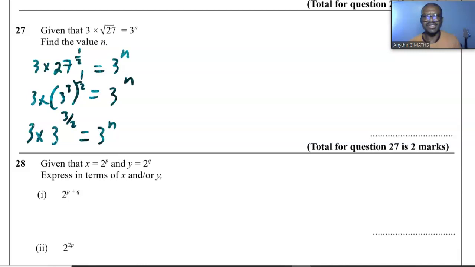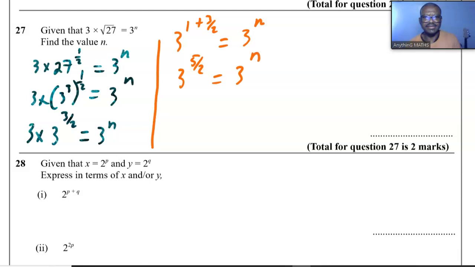Remember, most of these questions, you're not supposed to be using calculators. The next step will be 3 raised to the power 1 plus 3 over 2, and this is also 3 raised to the power n. Doing the sums, we're going to get 3 raised to the power 5 over 2 should be equal to 3 raised to the power n.